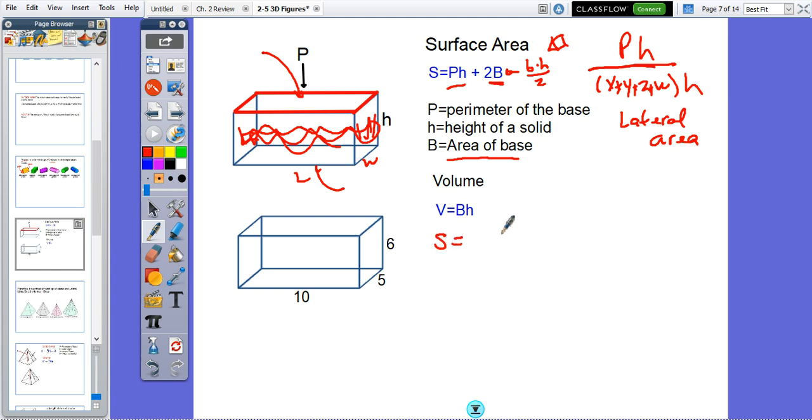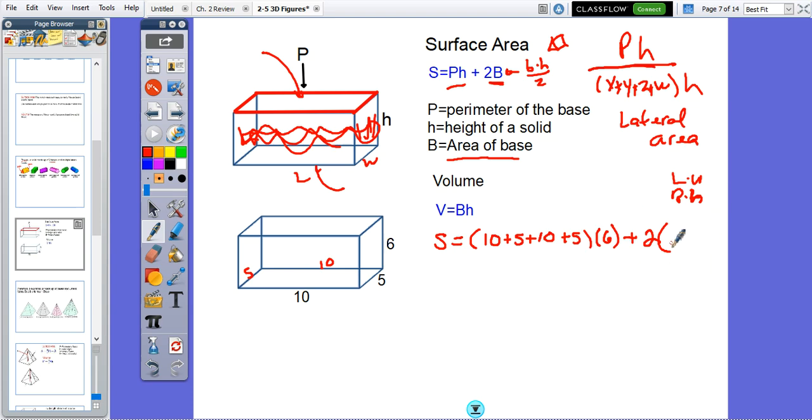Our surface area is equal to our perimeter, which would be 10 plus 5 plus 10 plus 5, because we're adding all four sides. You can go ahead and assume that these are the same. And we're going to take that times 6, which is the height of the whole thing. Then we're going to add the area of the base. Now this is a rectangle, which is base times height, or length times width, however you want to call it.